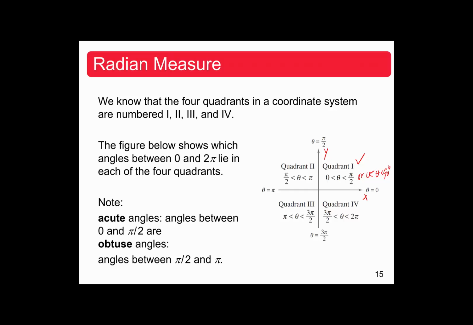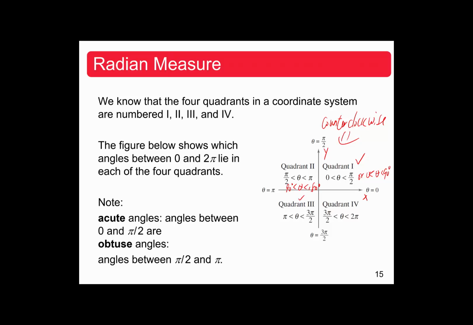Okay, second quadrant, number 2, again, we're going counterclockwise. In quadrant number 2, the angle is between pi over 2 and pi. Also, you can say 90 degrees to 180 degrees.